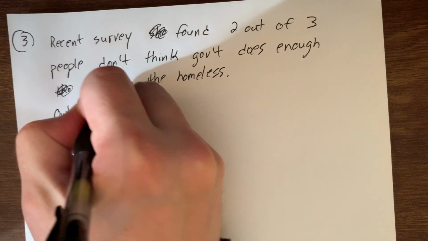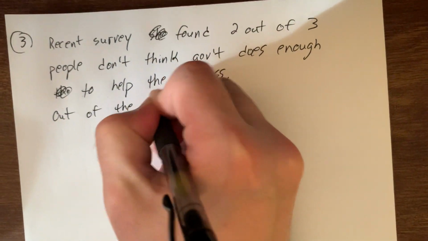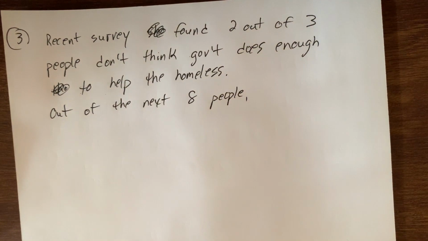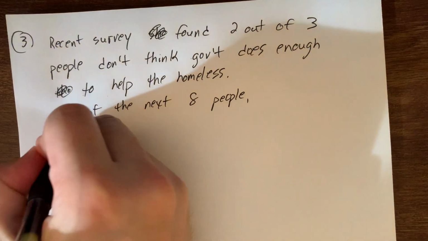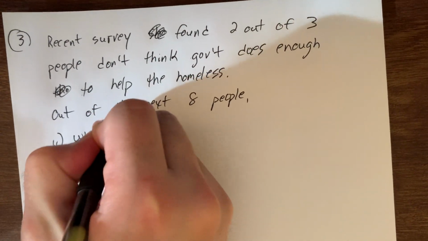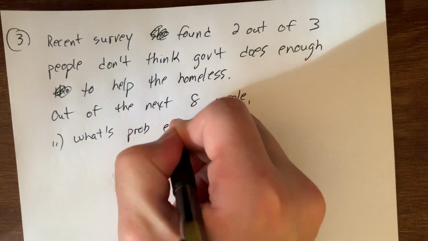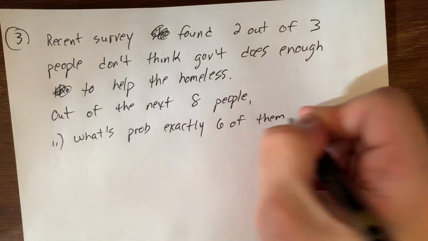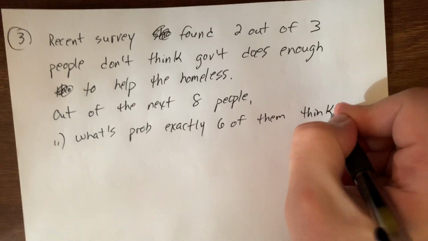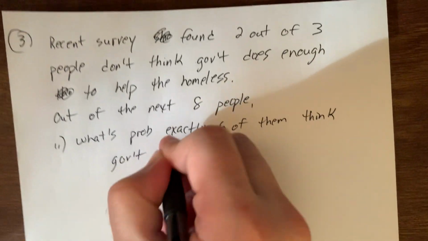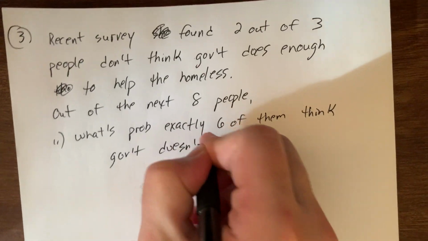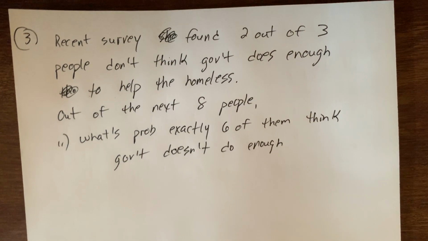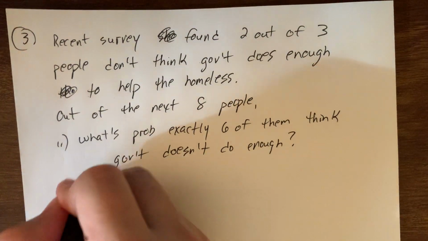So out of the next 8 people, I'm going to ask a couple of quick questions here. Number 1, what's the probability exactly 6 of them think the government doesn't do enough? Again, to help the homeless. So what's the probability exactly 6 of them?